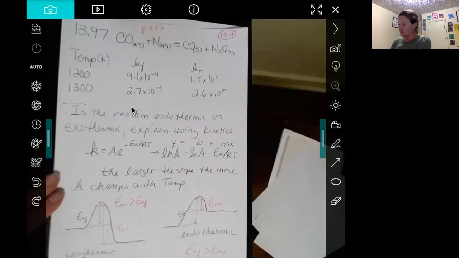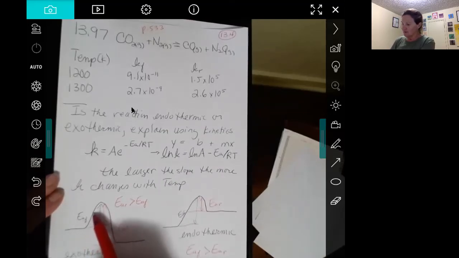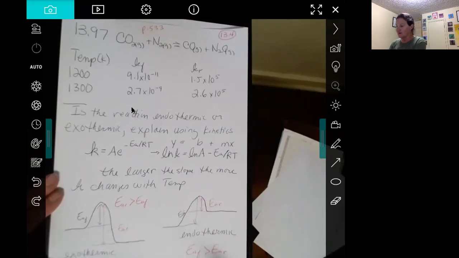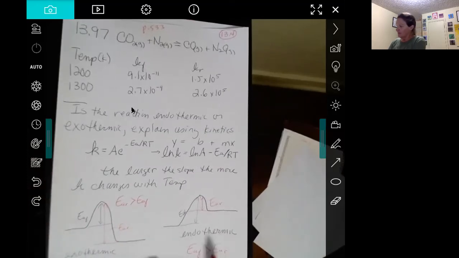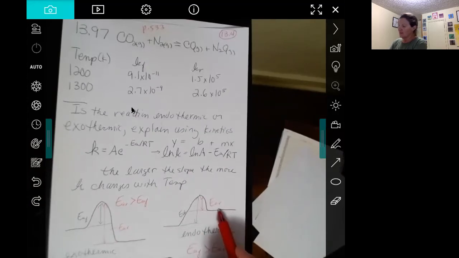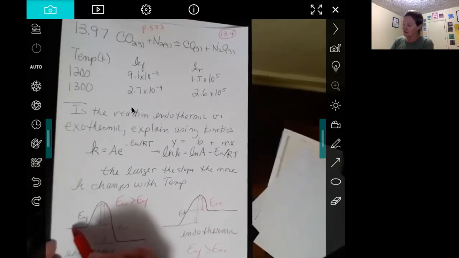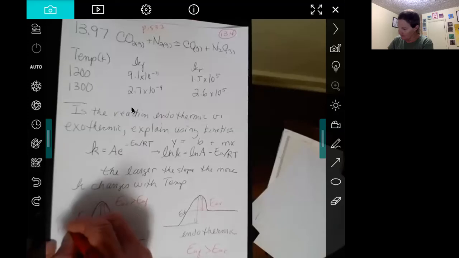So if a reaction is exothermic, it looks like this, and the activation barrier forward is smaller than the activation barrier in the reverse. The reverse activation barrier is greater. Whereas if it's endothermic, the forward activation barrier is greater, because reactants go to products at a higher energy. Here, reactants go to products at a lower energy.